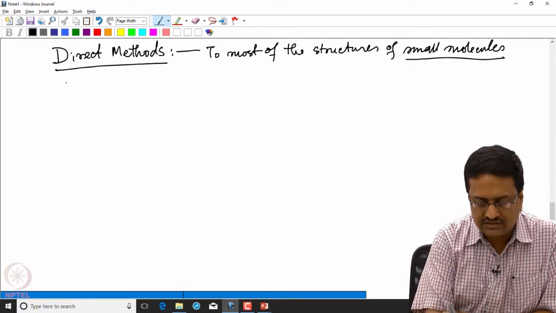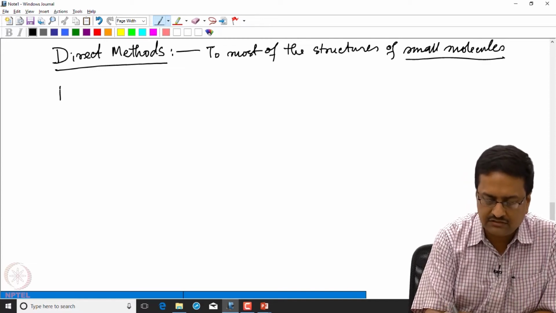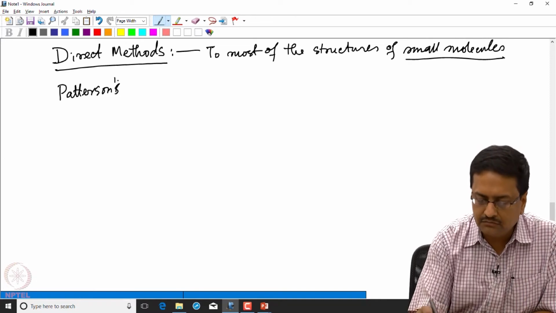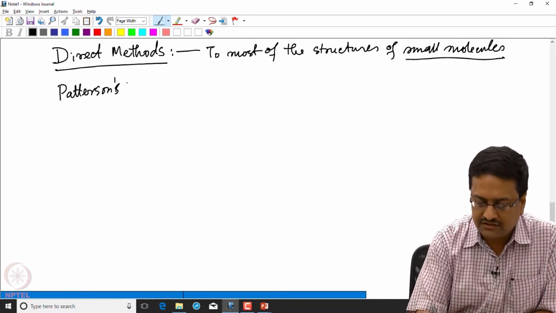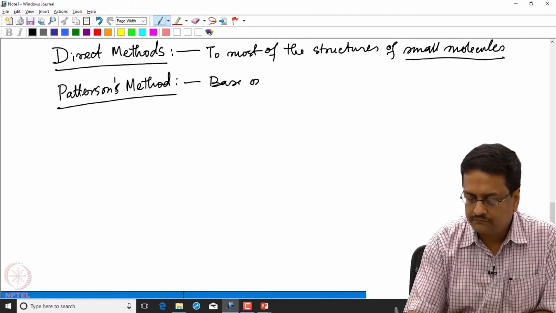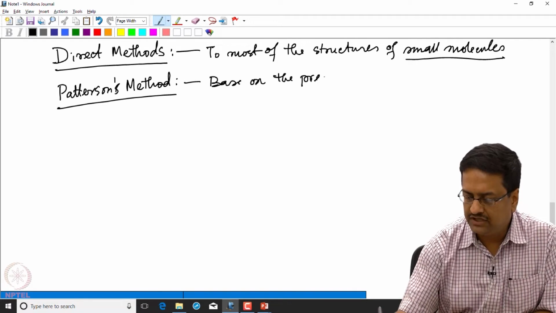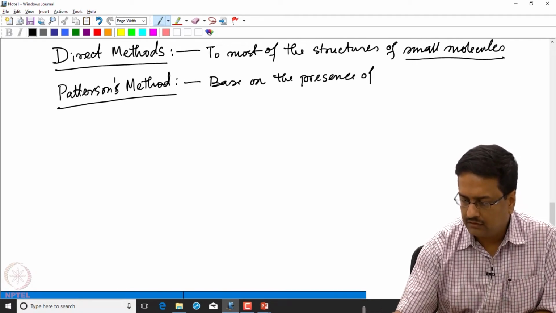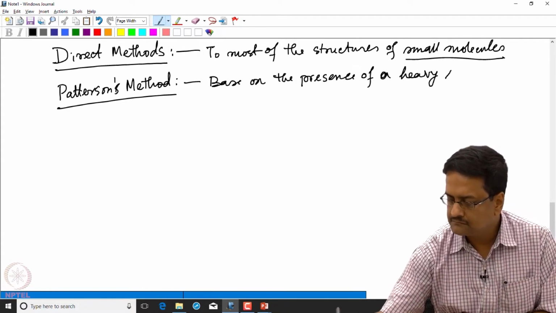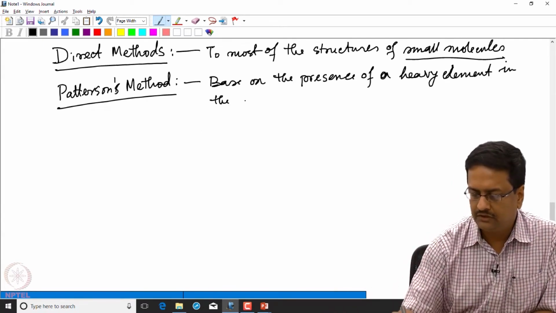The other method, which was established much before the direct method, is the method of heavy atom. This method is named after the scientist Patterson, so it is called Patterson's method, which is based on the presence of a heavy element in the lattice.